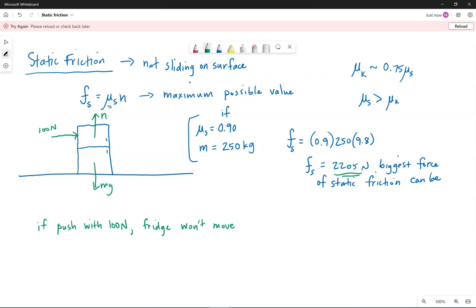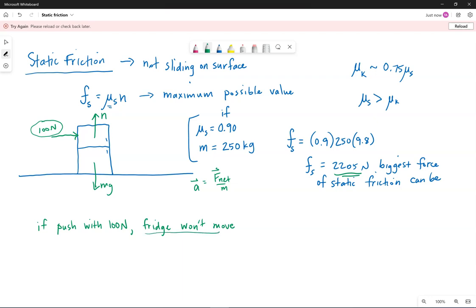But there has to be a static friction force, because if there isn't, and the only horizontal force we have on the fridge is 100 newtons, then there would have to be an acceleration, according to Newton's laws, right? There is an acceleration if there is a net force acting on the object. In that horizontal direction, if that 100 newtons is all there is, then there has to be an acceleration in the x direction.